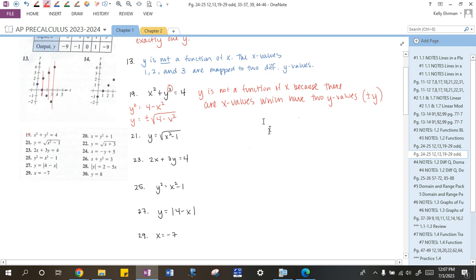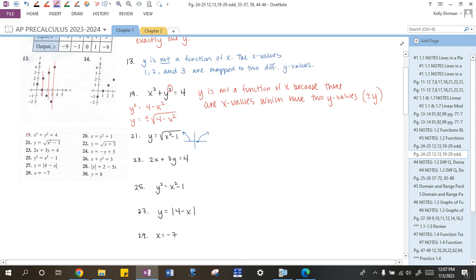Now, piggybacking off of that, number 21, the square root is already in the problem. And that's important because if we were to graph this, we would see something like this. That graph does pass the vertical line test. It has this chunk in the middle where it's undefined.